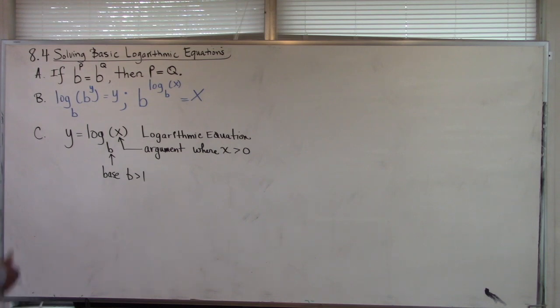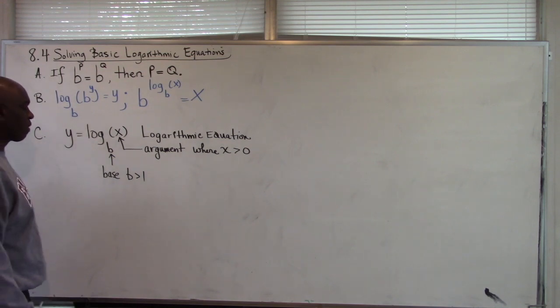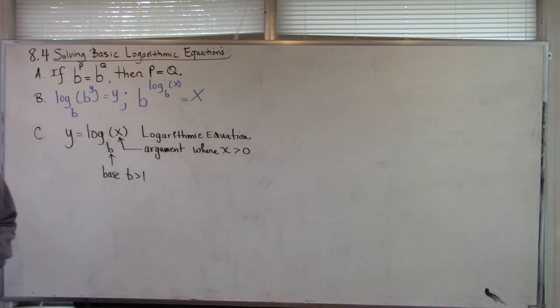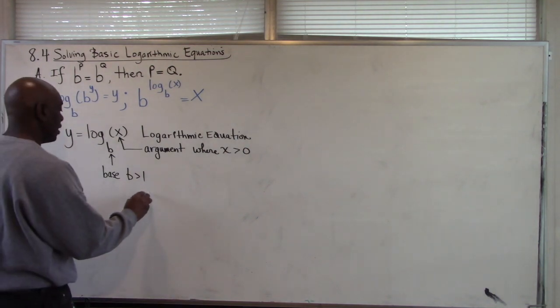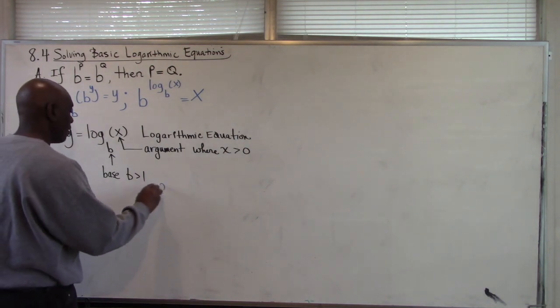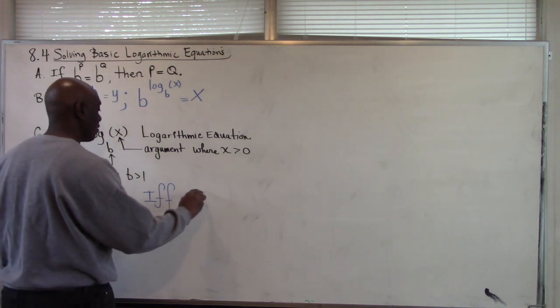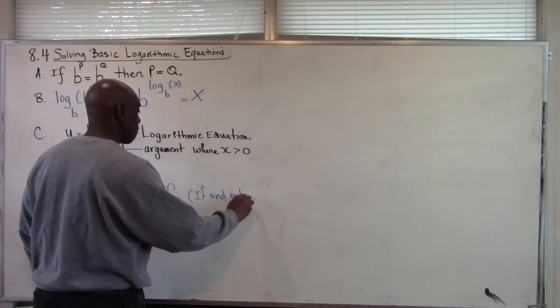So that's what we have, a logarithmic equation. This is true if and only if there's an exponential relationship that's also a result of this. This is called the big if, which means if and only if.